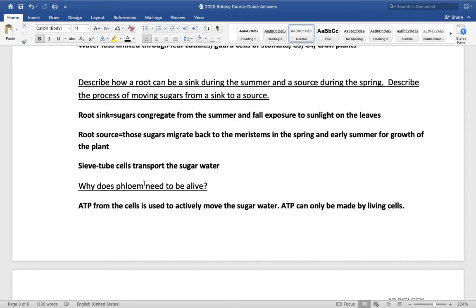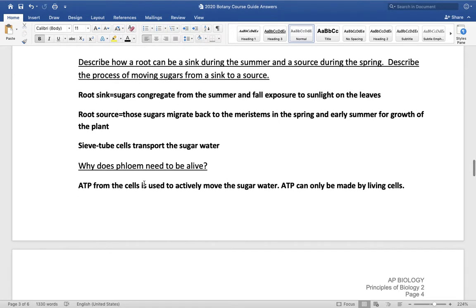And then in the wintertime, the roots actually become a source, and parts of the stem become a source because that sugar congregates there and is protected in the roots and in the stems, such that when they do want to start growing again in the early spring, all those sugars can relocate into the meristems to produce ATP, so the plants can massively grow.